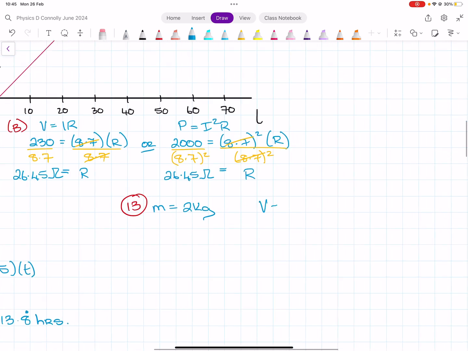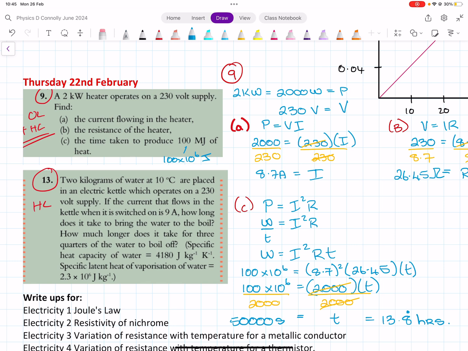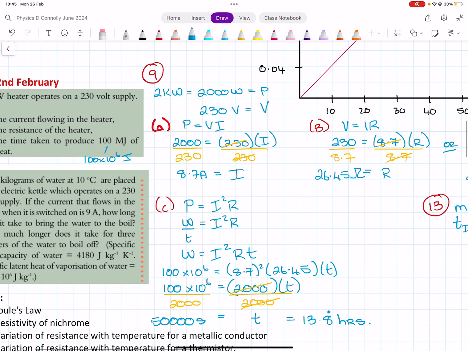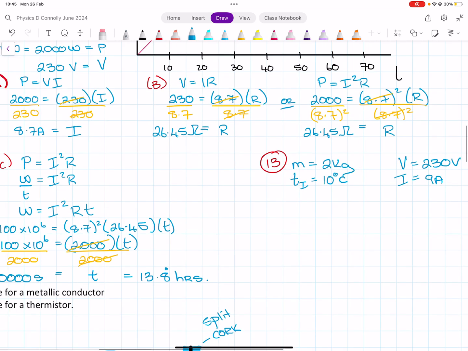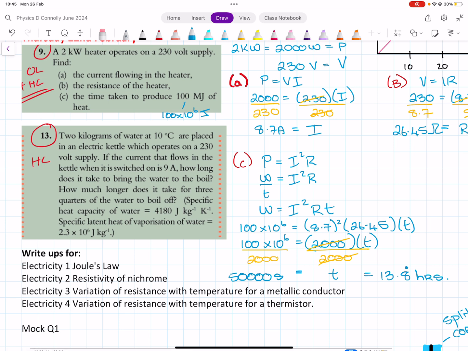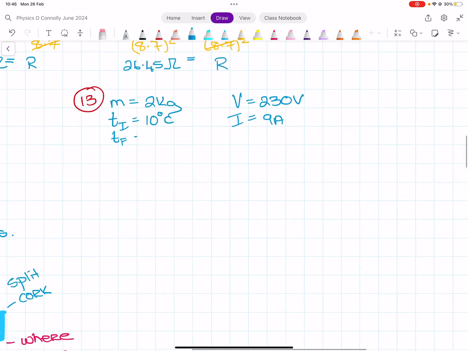Okay, so the voltage is 230 and we have an initial temperature of 10 degrees Celsius. If the current that flows in the kettle when it is switched on is 9 amps, how long does it take to bring the water to the boil?